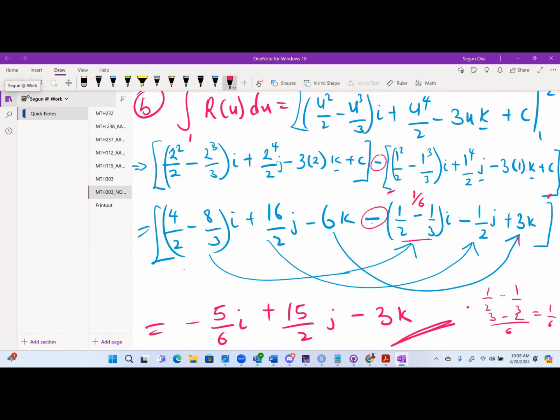So if you solve this one too, this is what? 6. 3 times 4, 12. This is 2. 2 times this, what do you have? 2 times 8. 16. So when you add this one together, what do you have?